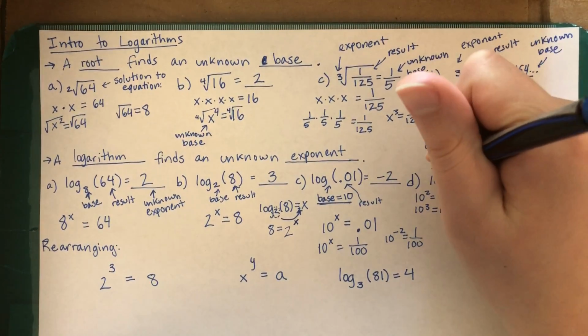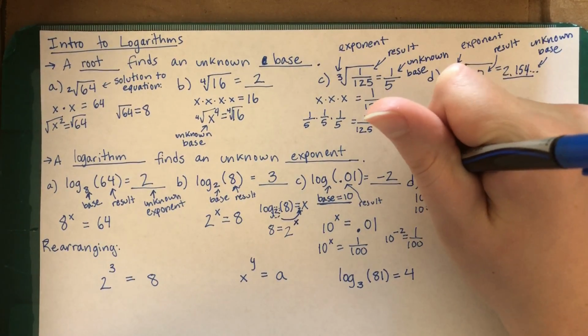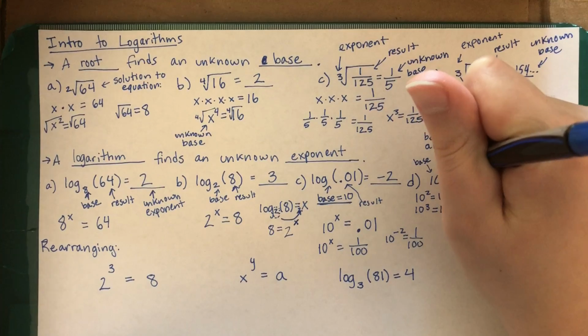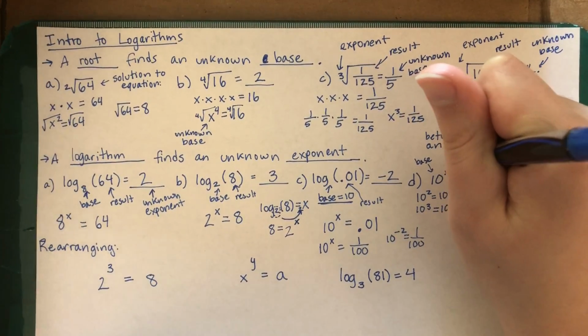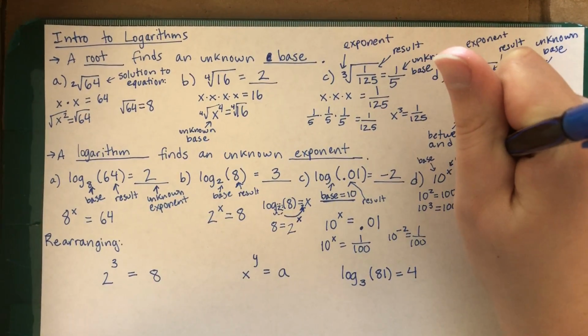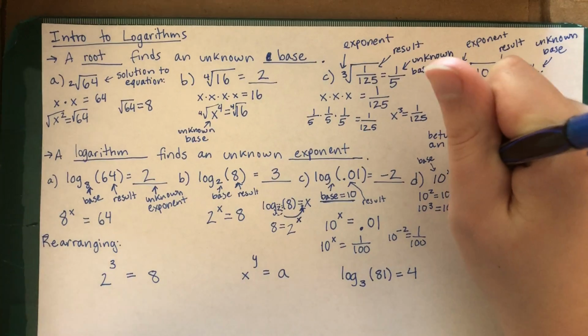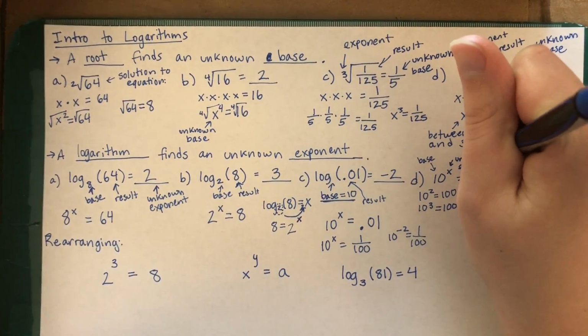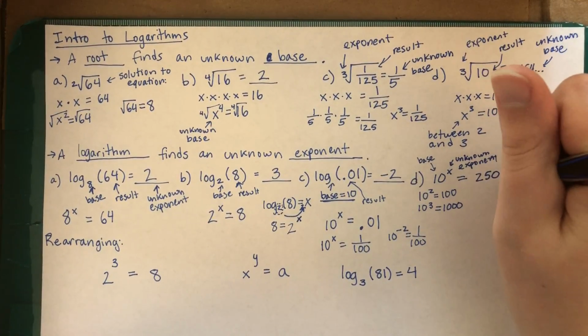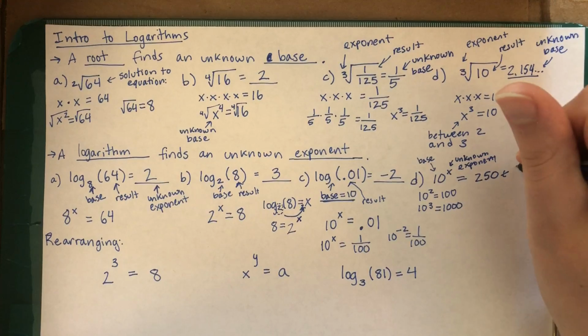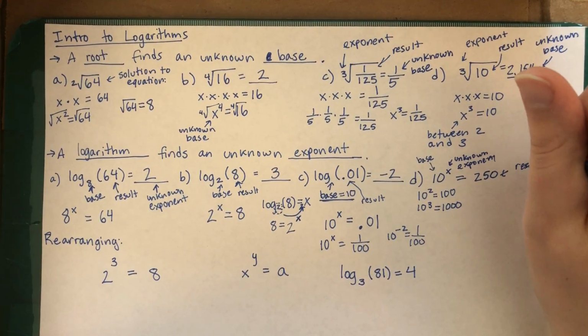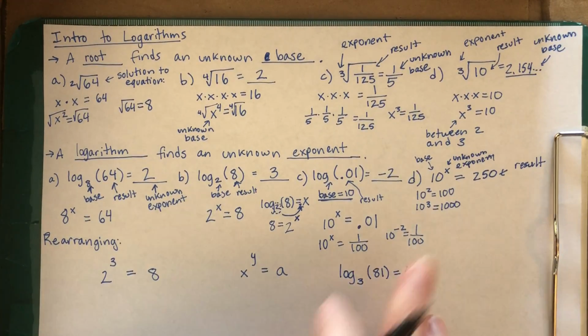Now, this is the base. This is the unknown exponent. And this is the result. So I can kind of rearrange these elements into a new equation that has a logarithm.